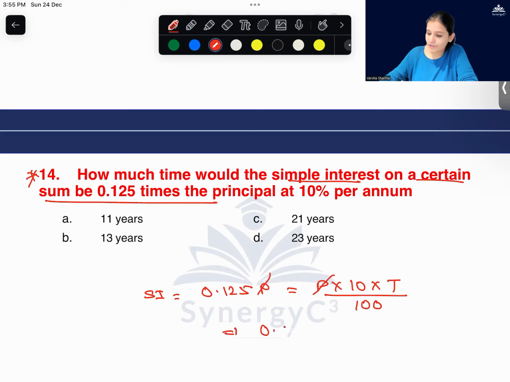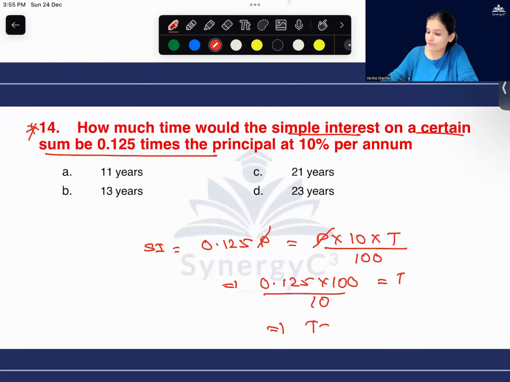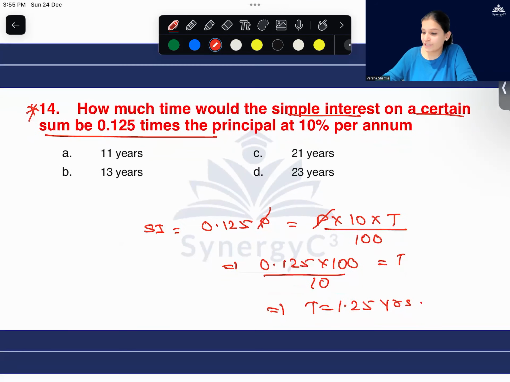Calculate 0.125 into 100 upon 10. So time is 1.25 years. If the option would have been months, then it would be 1 year, and now multiply 0.25 into 12. You will get your months.